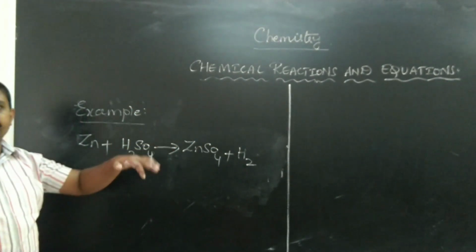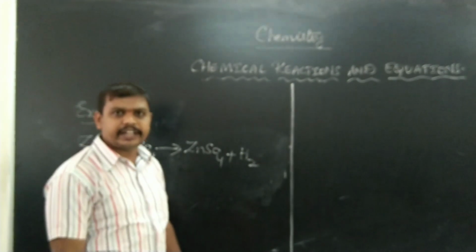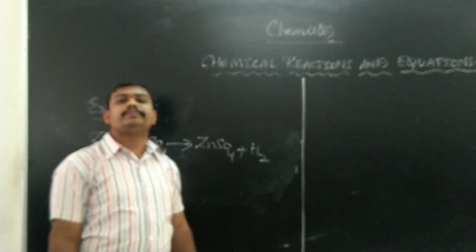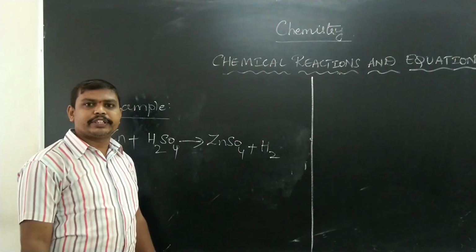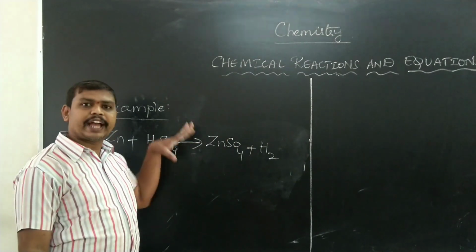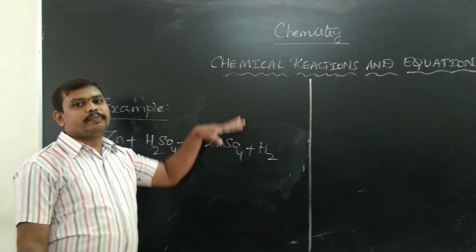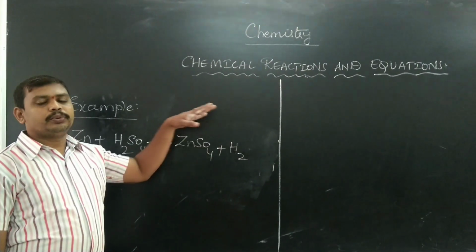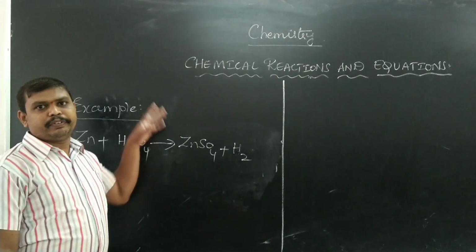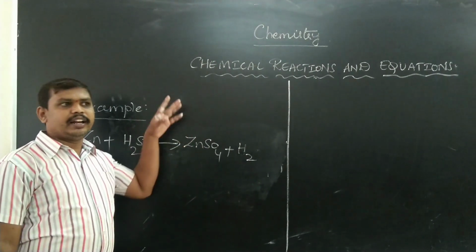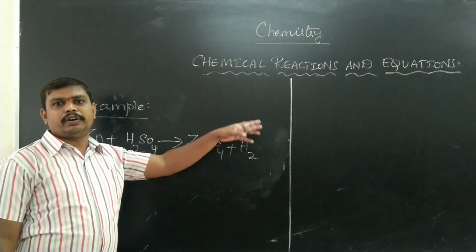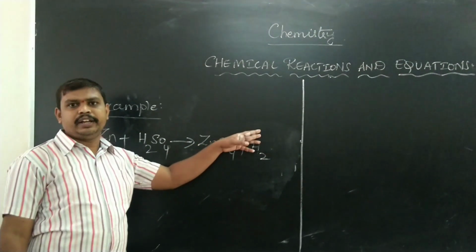Now, as I told you very clearly, a chemical equation is represented with the help of reactants as well as the products formed. The total reaction takes place between these reactants, and ultimately the final product is formed towards the right hand side.